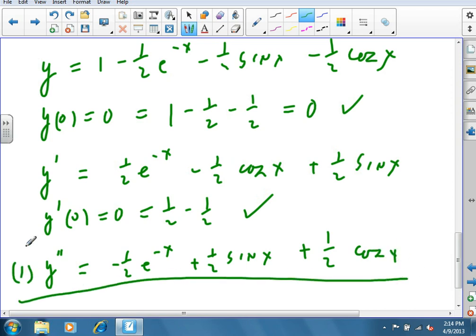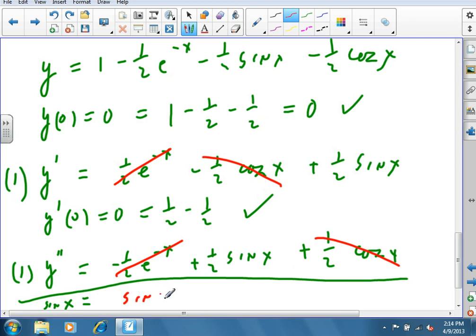We have one of those guys and one of those guys. Yes, we do. And when we get done, we want sine x. Okay, so plus a half minus a half, he goes away. Minus a half plus a half, he goes away. 1/2 plus 1/2 is 1. Sine x, check. Okay, gentlemen, with that we are caught up.